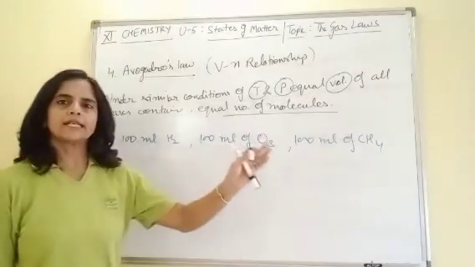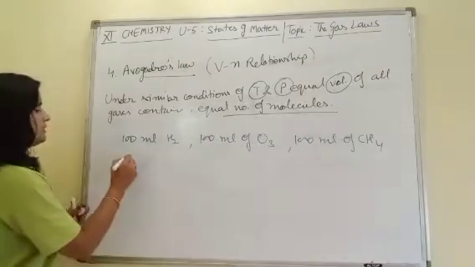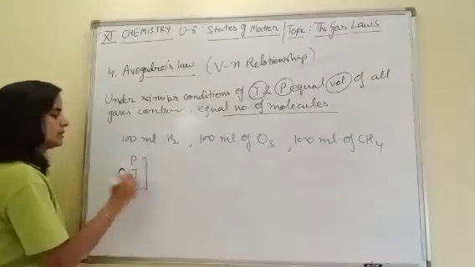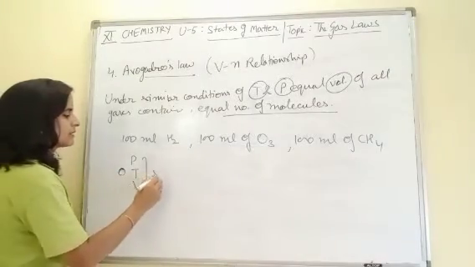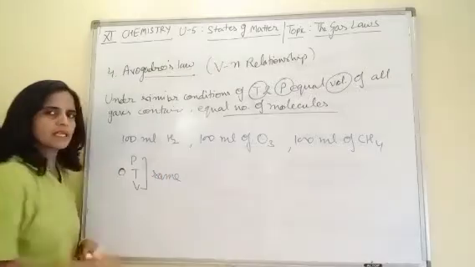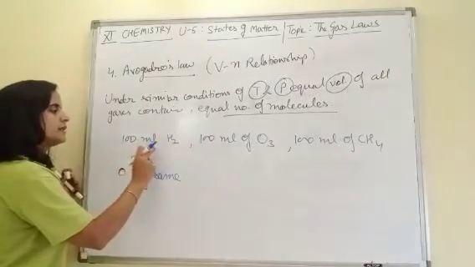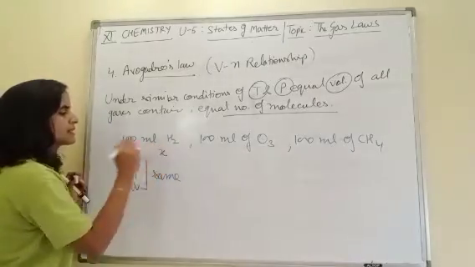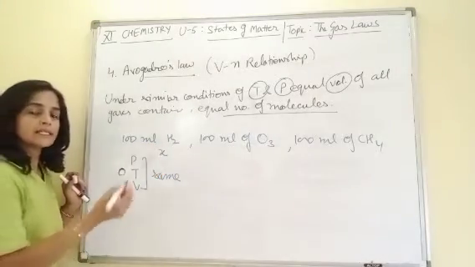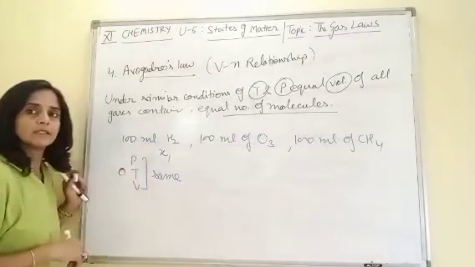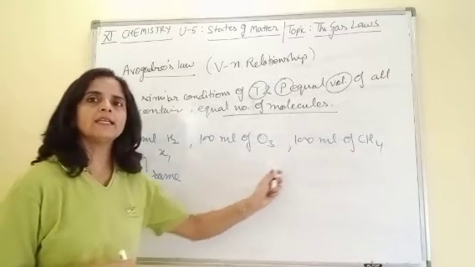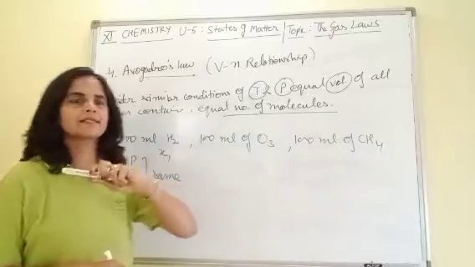For all these three gases, pressure, temperature and volume, these parameters are the same, and the number of molecules of the first gas is X, or I can say X1. What would be the number of molecules for the second and third gas?